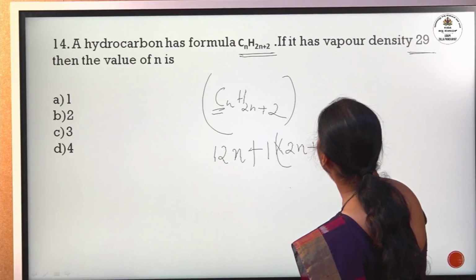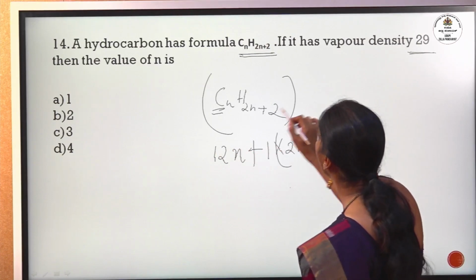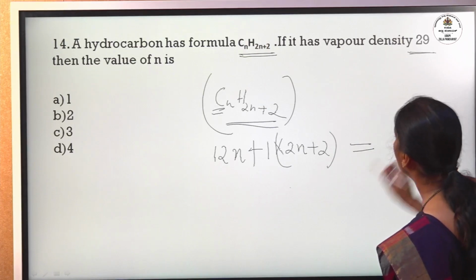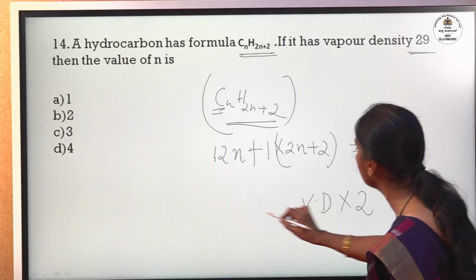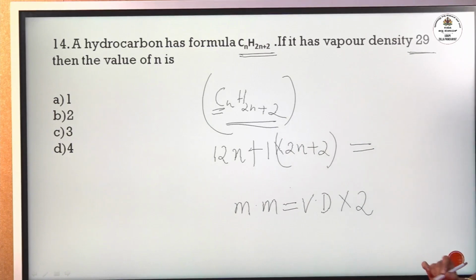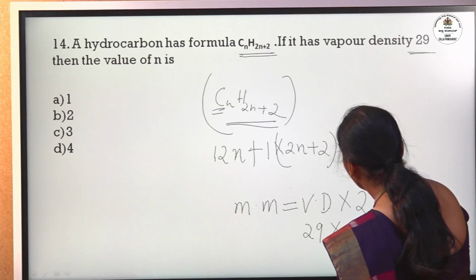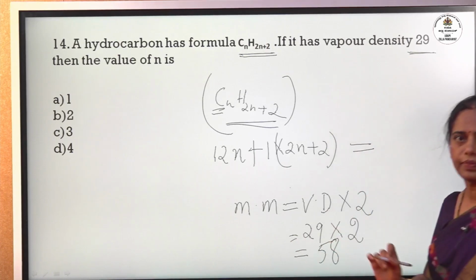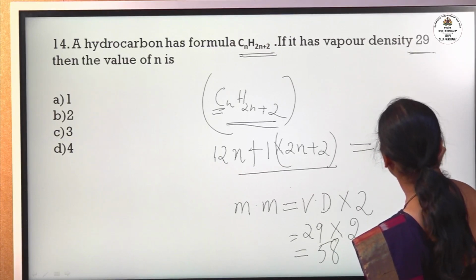This is the molecular mass of this formula. Now one more formula we have: molecular mass is vapor density into 2. Vapor density is given as 29, into 2 that comes to 58. Now this is the molecular mass, which is equal to 58.